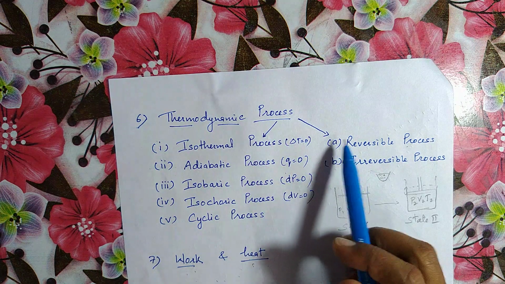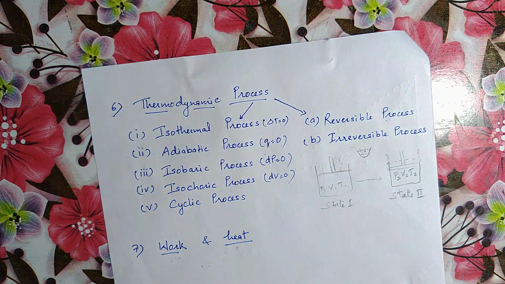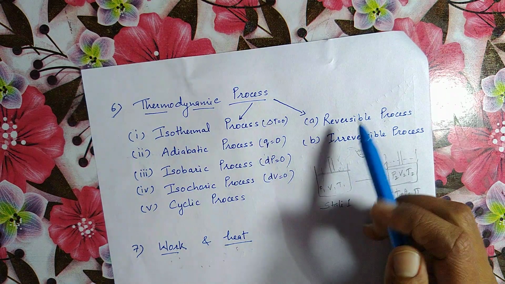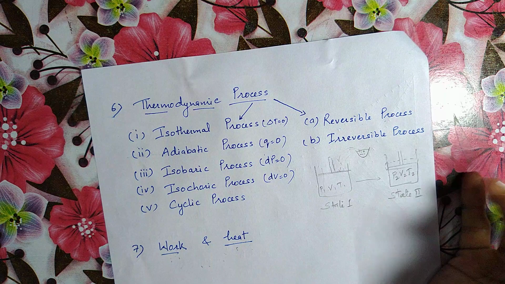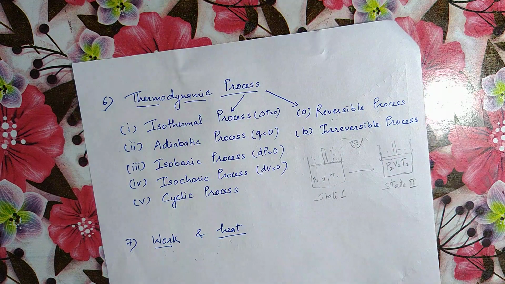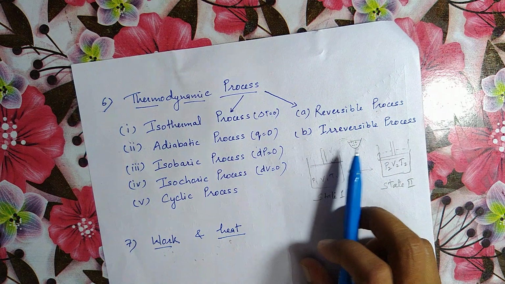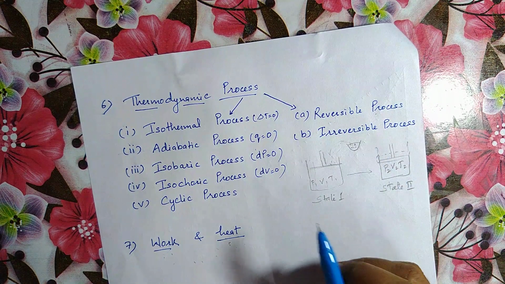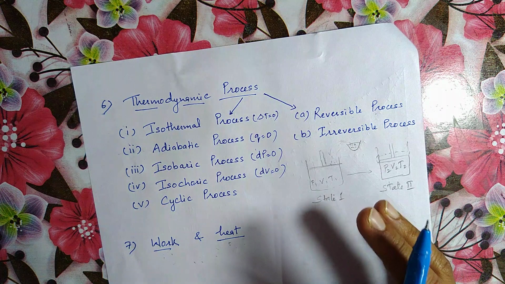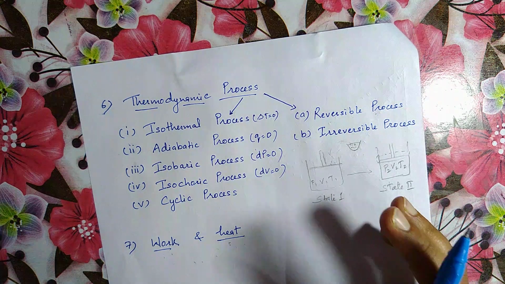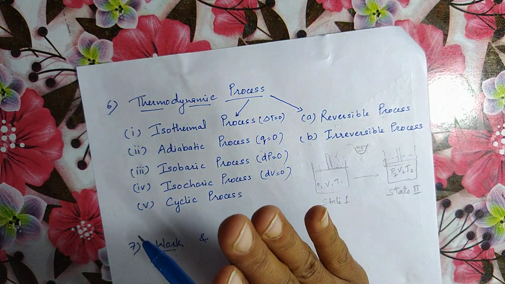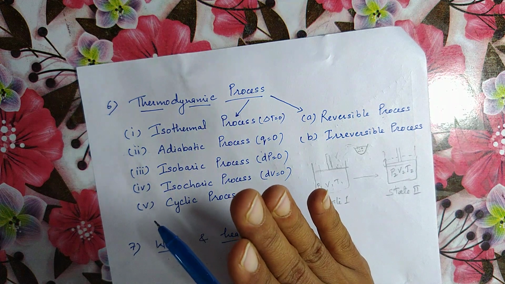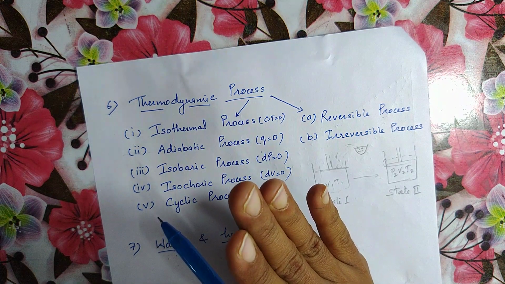Okay, then come to another 2 divisions, that is reversible process and irreversible process. These are the thermodynamic processes depending upon the nature or path of the process. First one is reversible process, another is irreversible process. Then what is reversible process? A thermodynamic reversible process is one that takes place infinitesimally slowly, and its direction at any point can reverse by an infinitesimal change in state of the system.